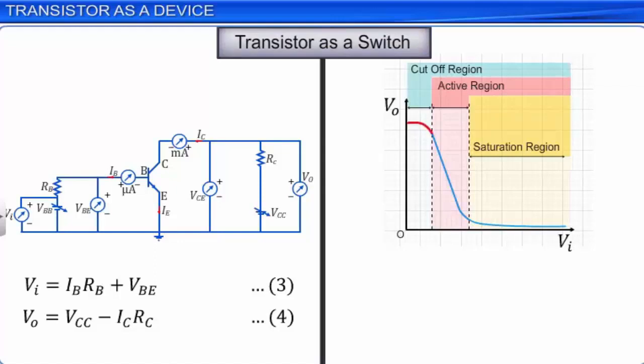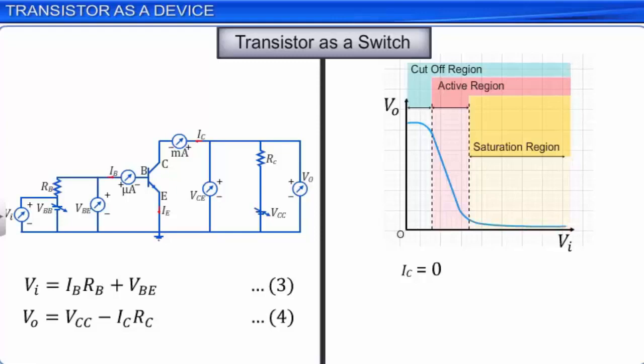Then it is said to be switched off. If the input voltage Vi is high enough to drive the transistor into saturation state, the output is low and very near to 0, and the collector current IC is maximum. Then it is said to be switched on.